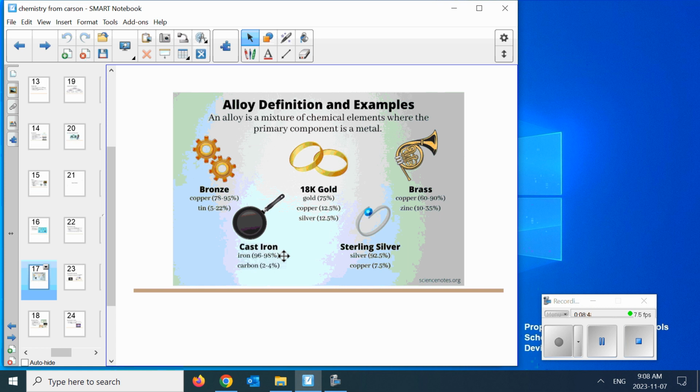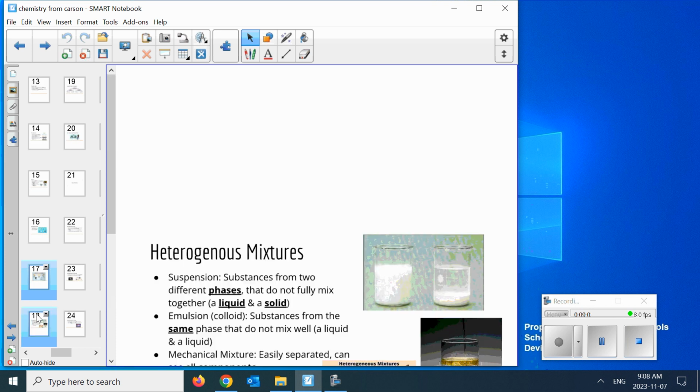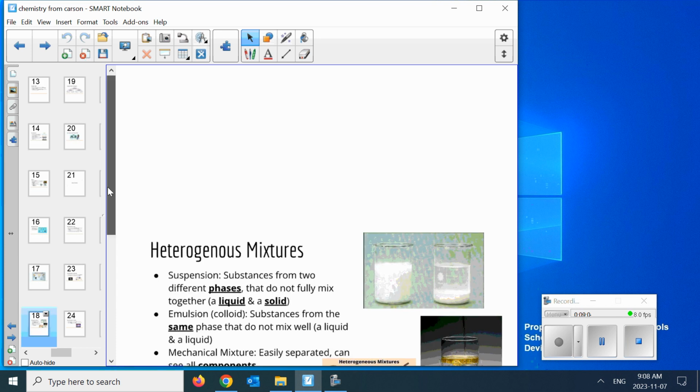Cast iron is 96 to 98% iron, and then a little bit of carbon to add strength to it, I guess. Bronze is mostly copper, and then some tin mixed in. Okay? I didn't know the percentages on it.